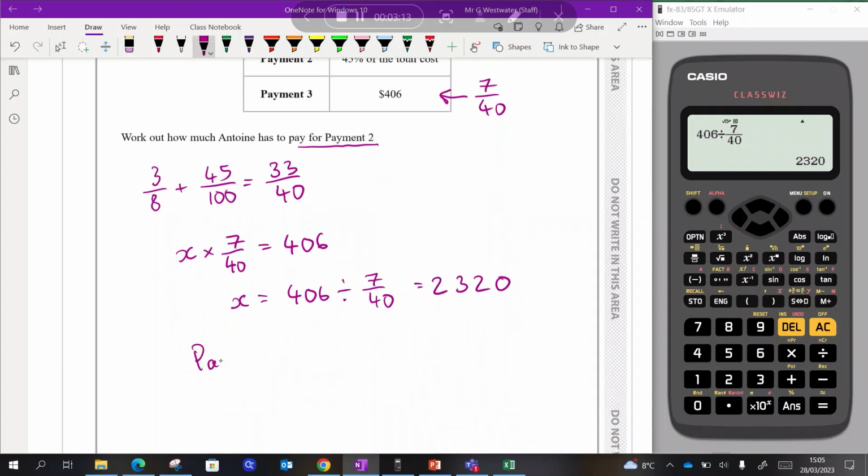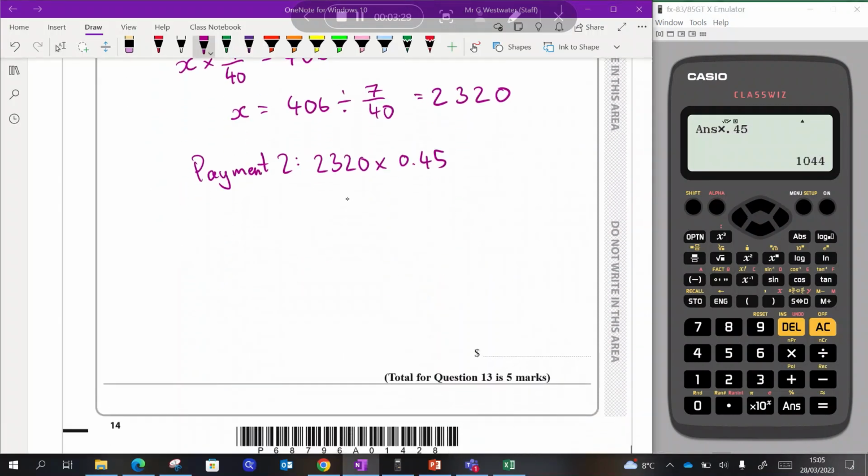So payment 2 is going to be 2,320 times 0.45 for 45%. So times 0.45, and we get 1044. So that's going to go in here. Okay.